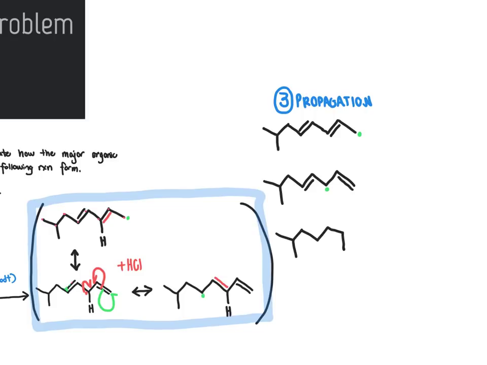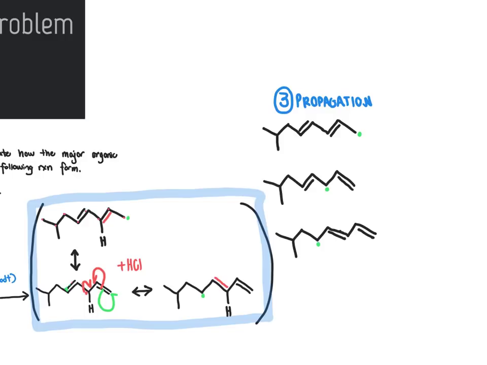So I'm just drawing in my resonance structure, and plugging in my unpaired electrons, getting everything in the right places. So we should be good to go on this now.